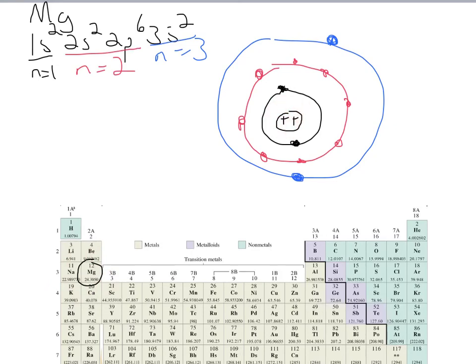So if we calculate that effective nuclear charge, we take Z minus S. Here we have 12 for our atomic number, minus the same 10 core electrons, and so now we have a +2 effective nuclear charge as we move across the period. The shielding stays the same, but the atomic number increases across the period, so the effective nuclear charge increases as well.